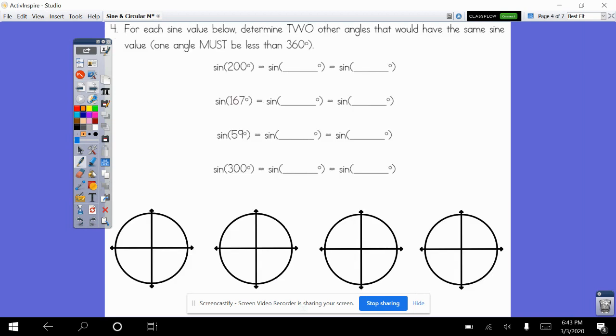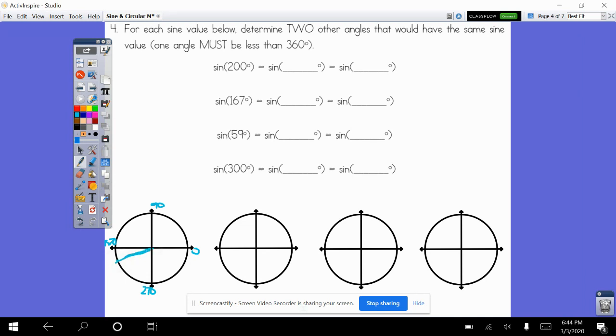All right, number 4. So for each sine value, determine two other angles that would have the same sine value. One angle must be less than 360. All right. Let's start with, okay, 200. So again, on my circle, I need to find where 200 is. So if I know this is 0, 90, 180, and 270, 200 degrees is past 180.